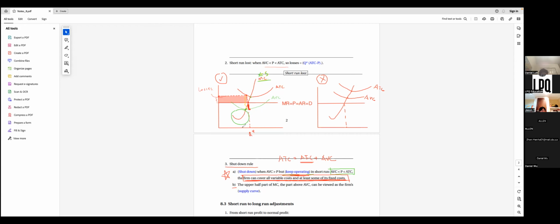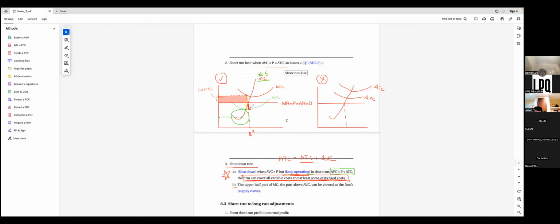For example, if you produce here, that means the price should be here. The price is already lower than ABC, so based on the shutdown rule you shouldn't produce in a range where the corresponding price level is lower than ABC. This is called the shutdown rule.